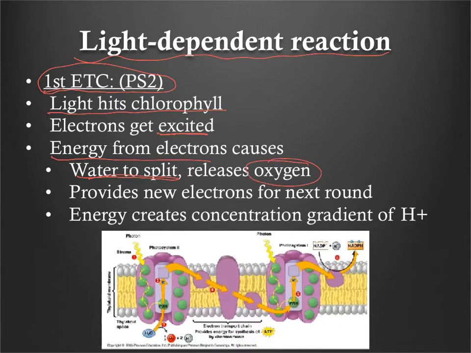Remember, that's our first product of the light dependent reactions of photosynthesis. Water splitting provides new electrons to replace the ones lost by the chlorophyll, and this energy creates a concentration gradient of hydrogen ions, which is going to be used in the second part of light dependent reactions.